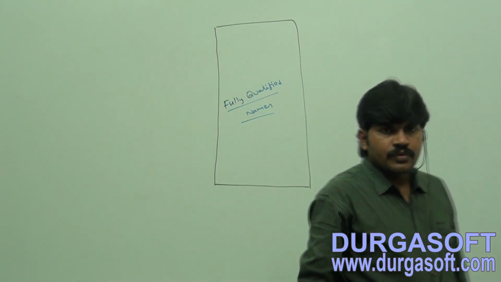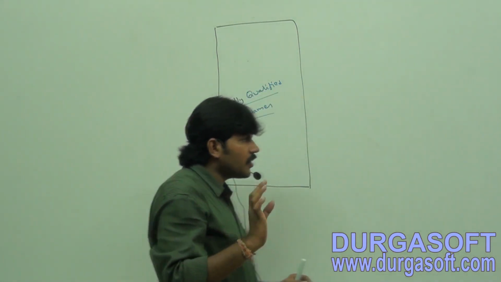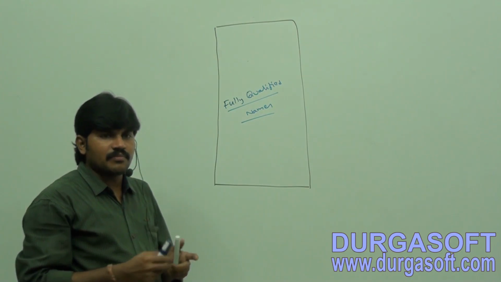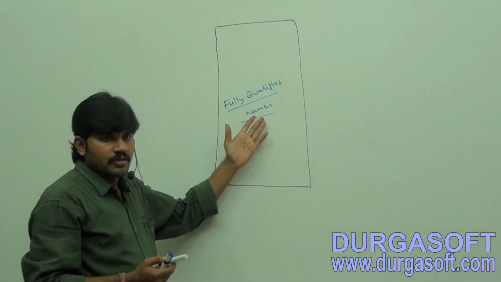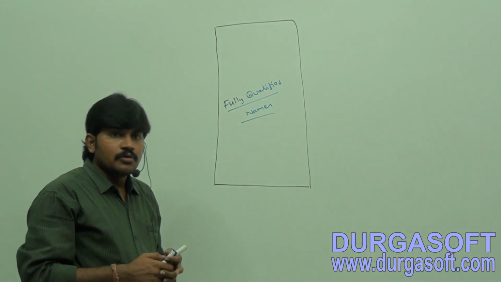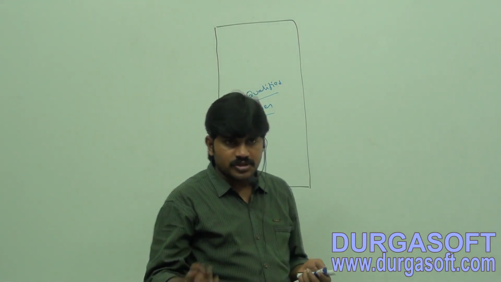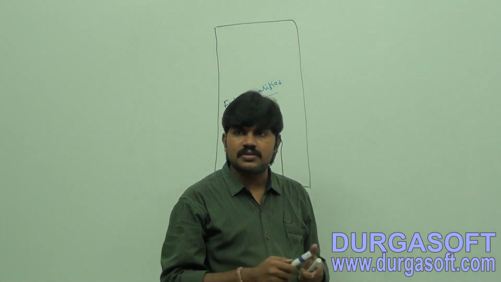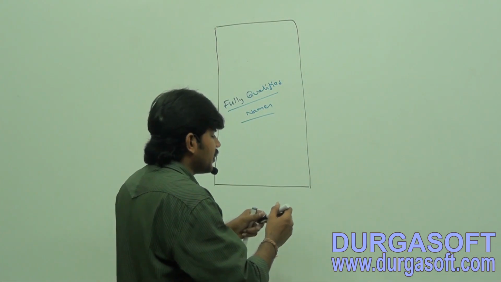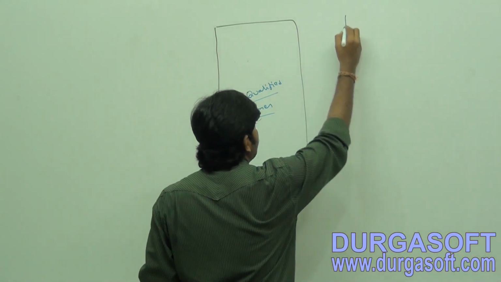Now someone suggested that writing fully qualified names every time is not good, because readability goes down. Why don't you use an import statement? It is better to use import, someone told me. Then immediately I wrote another program.